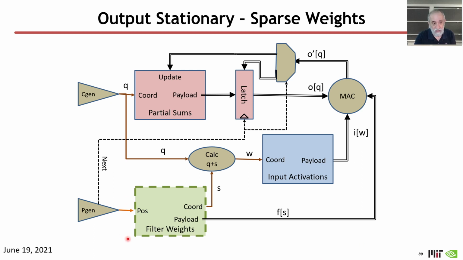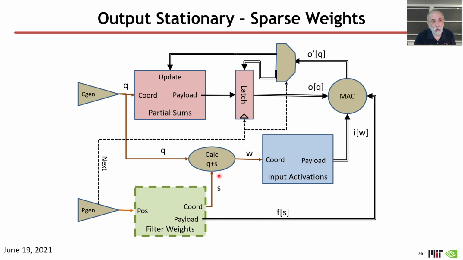And so what we see here is a representation of the compressed filter weights of the problem, and that's going to be indexed by a position. We're going to step through all of the positions repeatedly, generating filter weights.